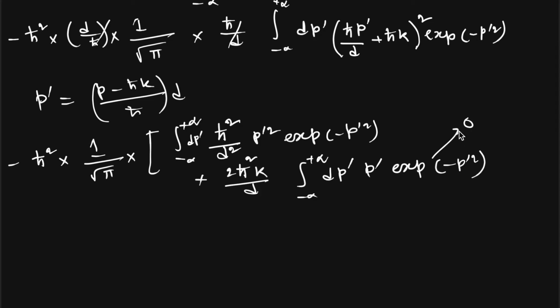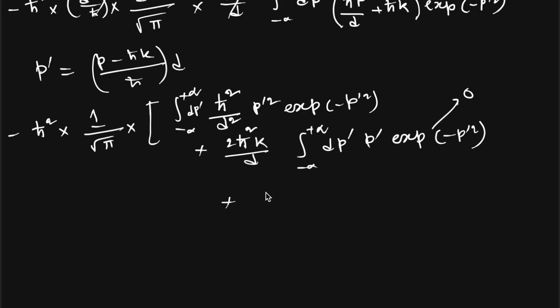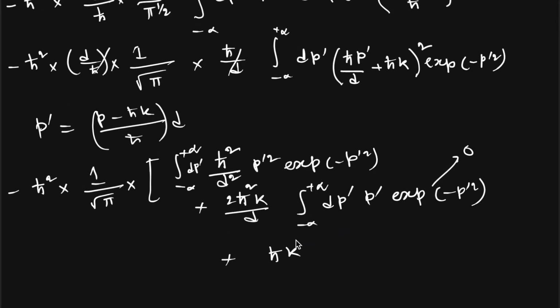This will be 0, since it is an odd integrand, and the last term will be h cut square k square integral from minus infinity to plus infinity dp prime exponential of minus p prime square.